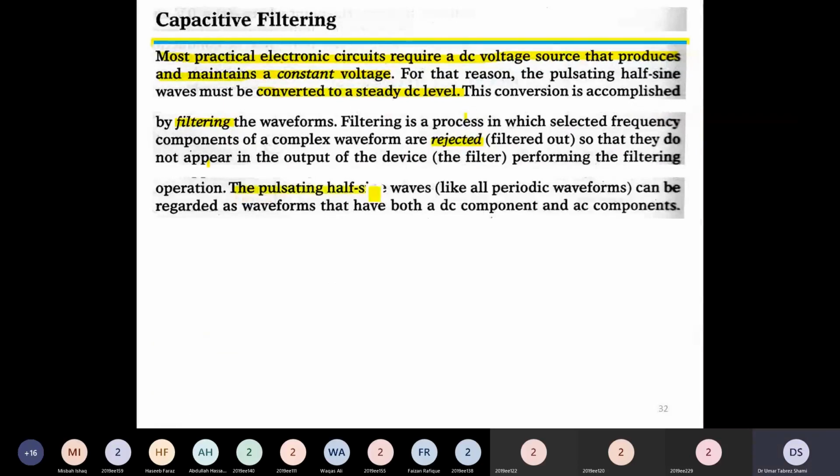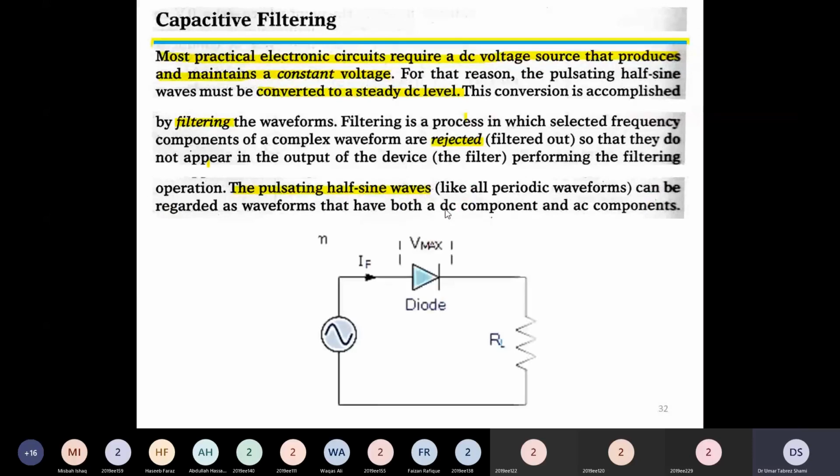The pulsating half sine wave, like all periodic waveforms, can be regarded as a waveform that has both a DC component and AC components.